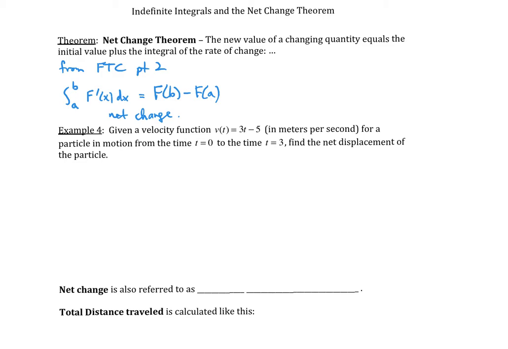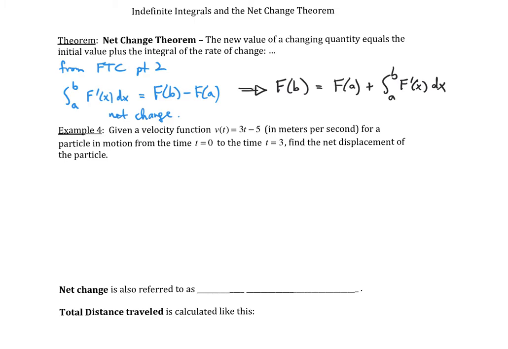Now, what I can do with this formula is manipulate it so that I can solve for f of b. And f of b is basically going to equal f of a plus this integral from a to b of f prime of x dx.